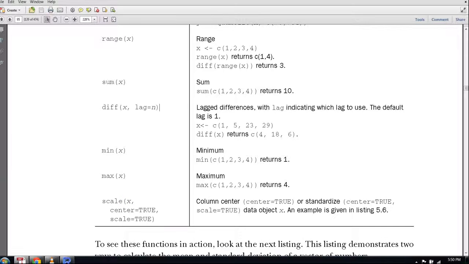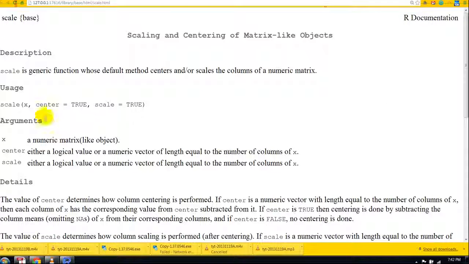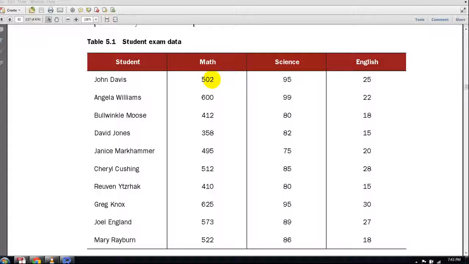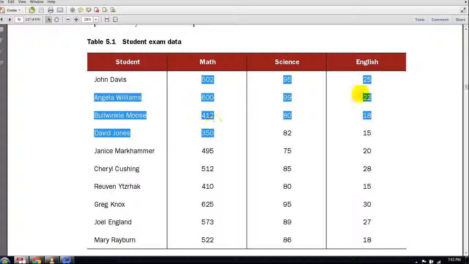And scale. Scaling is a way to... remember when we discussed this problem, that the math scores are very different kinds of numbers than the science scores, which are different from the English scores, because these are maybe 80%, a percentage out of 100, and this is a raw score, and this is some other raw score. So these are not really comparable, and we want to make them comparable. We might want to turn these into percentages, for example, and also turn these into percentages.